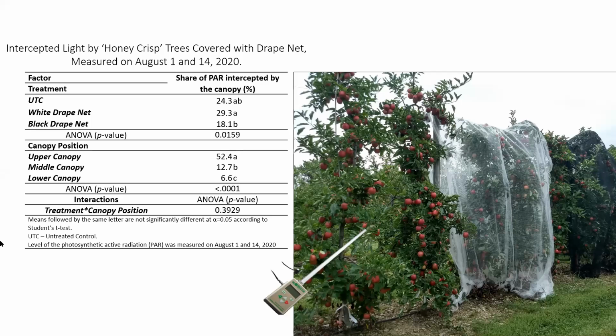In general, white drape net received 5% more light than untreated control and 10% more light than black net. Upper canopy can receive 50%, middle 13%, and lower canopy 7% of available photosynthetic active radiation.